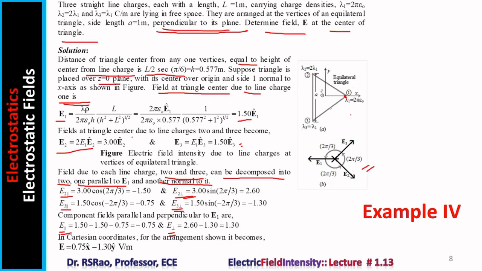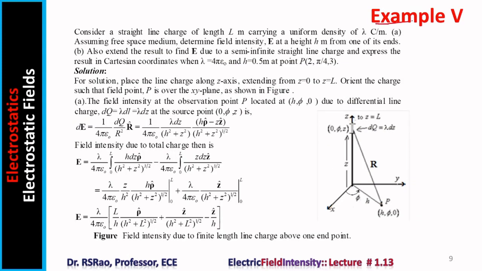By adopting the Cartesian coordinate system as shown in the diagram, one can give directions to E parallel and E perpendicular. If you give direction, it becomes E equal to 0.75 x cap minus 1.30 y cap volts per meter.